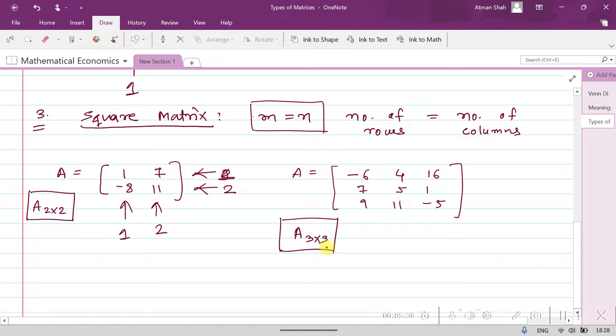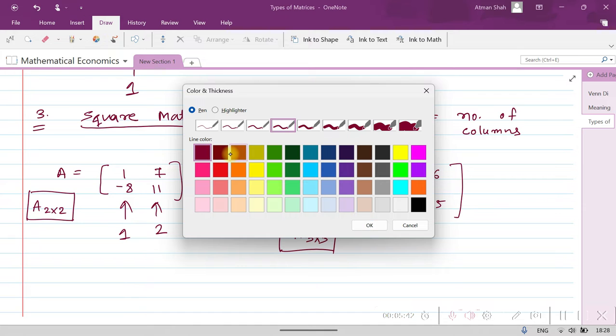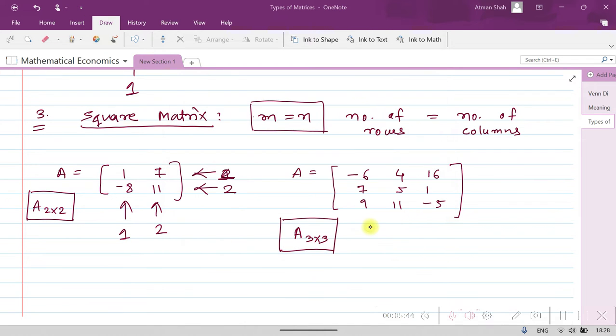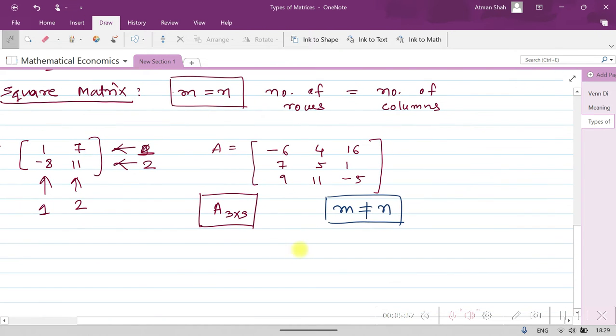If number of rows and number of columns are not equal, if M is not equal to N, then this matrix is known as rectangular matrix.